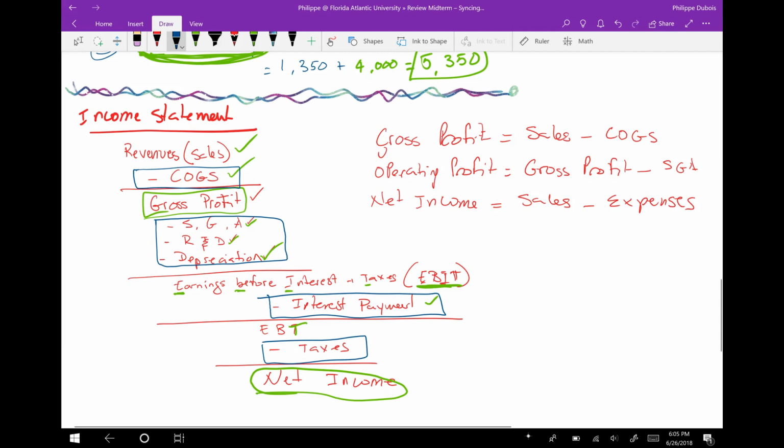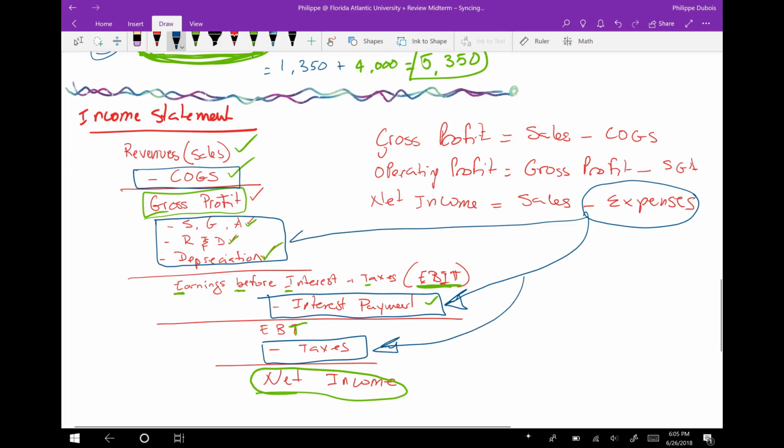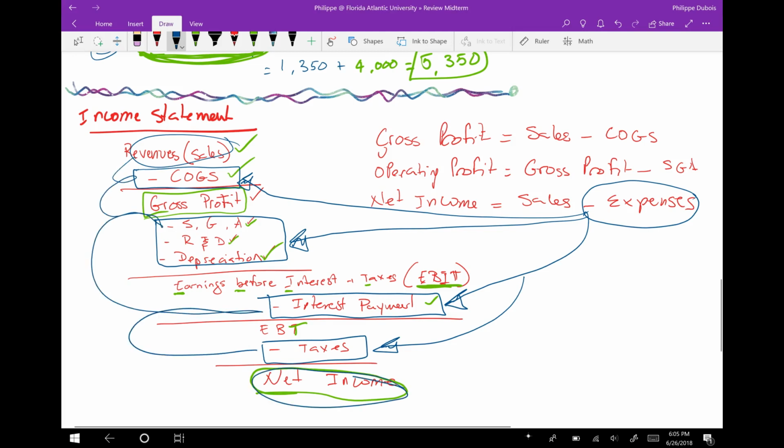All of these are your expenses. All of your expenses is your interest payment, your tax payment, depreciation, SG&A, and R&D, and your cost of goods sold. So if you take your revenues, you back out all of the expenses, you will have your net income left over. All right, as simple as that.